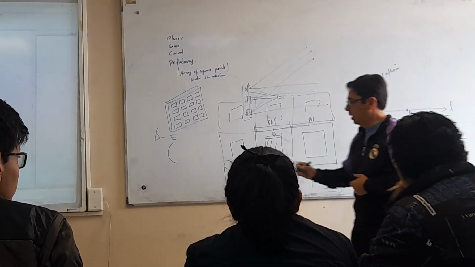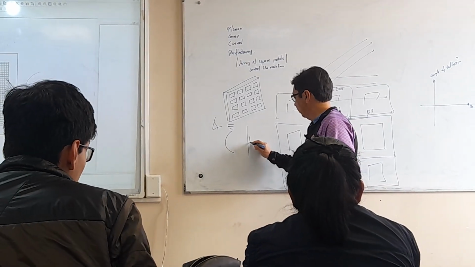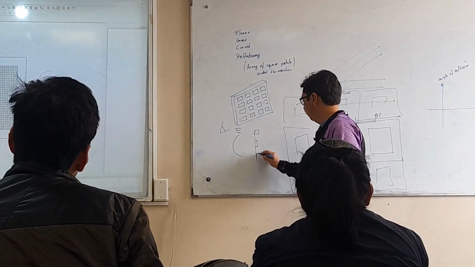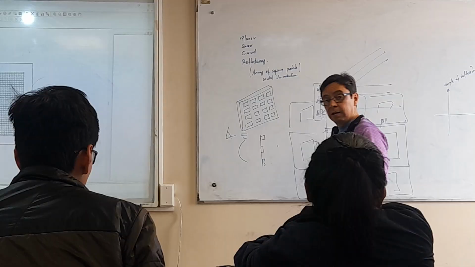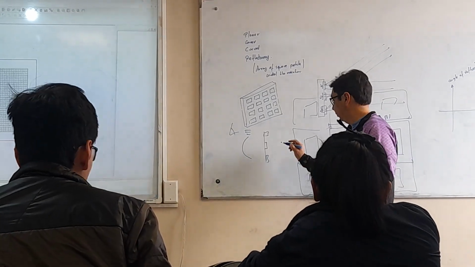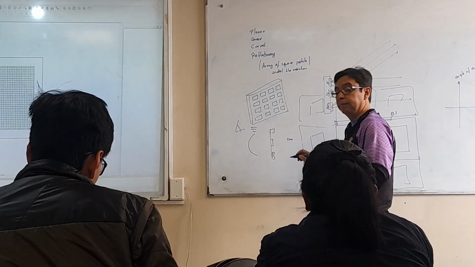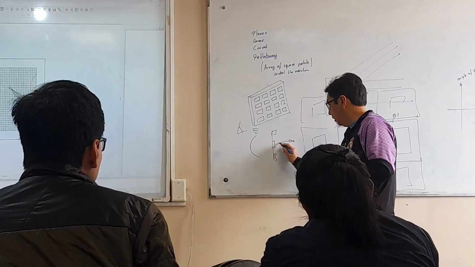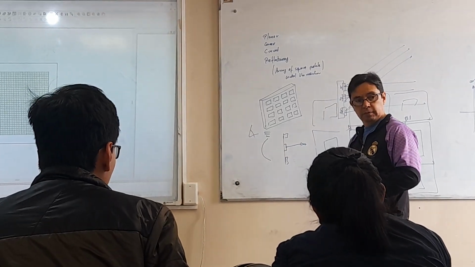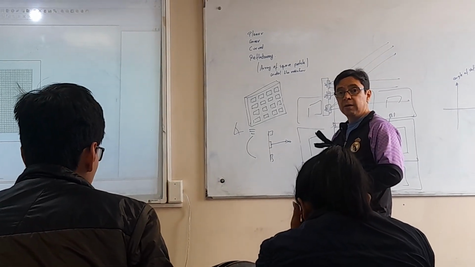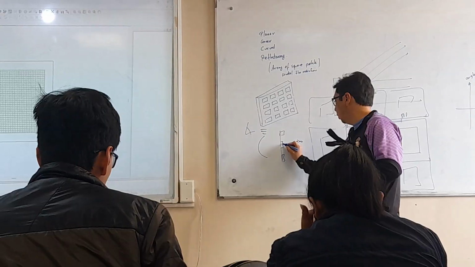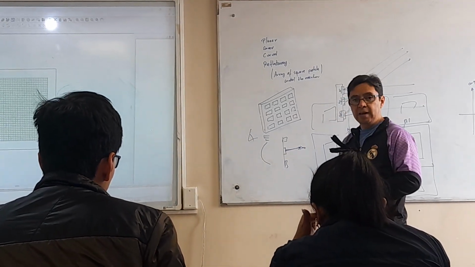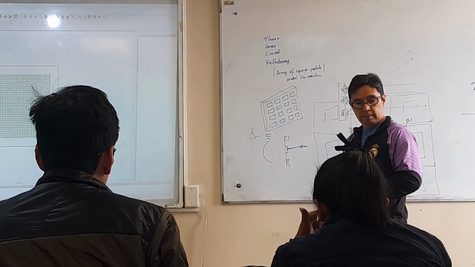What does it mean? It means that if we have this array, and here we have the antenna, for example, the horn antenna, and we radiate in this direction, the reflection phase is 0. I mean, the reflection will be in the same direction.